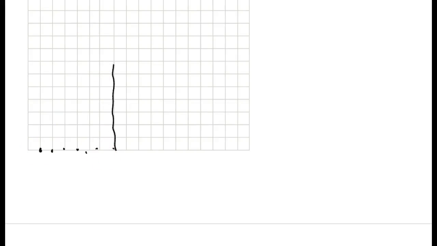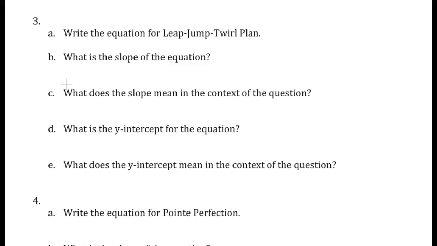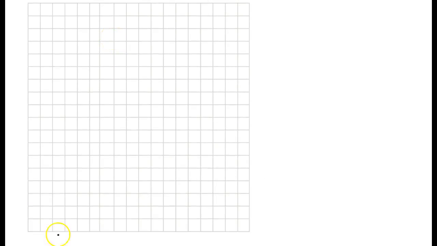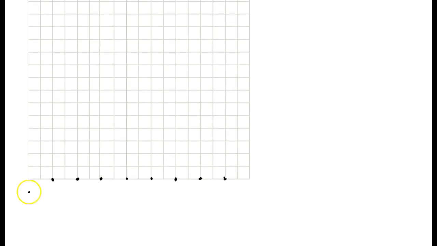Just to make sure I use more of the graph, let's use every other. Let's go 1, 2, 3, 4, 5, 6, 7, and why not go to 8? Of course, this is 0 we're starting at. So we want to use as much of the graph as possible.